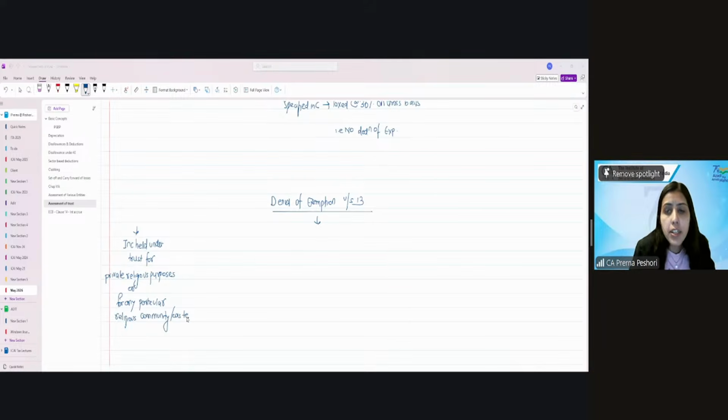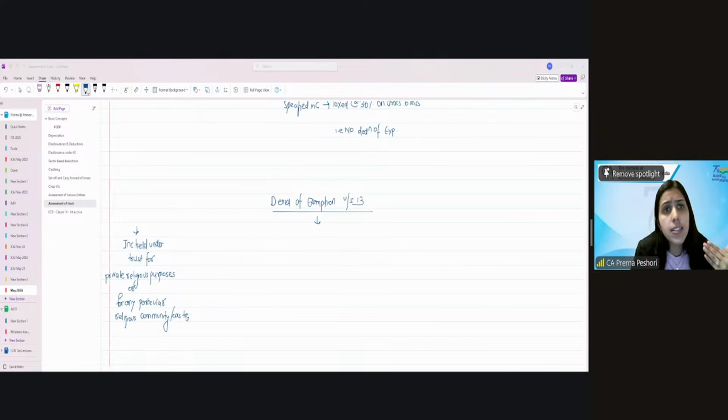Then in that particular case, the registration of the trust, the exemption of the trust will be denied. So when a trust is set up for charitable purposes, for the benefit of any particular religious community or caste, then in that case, the exemption will be denied.